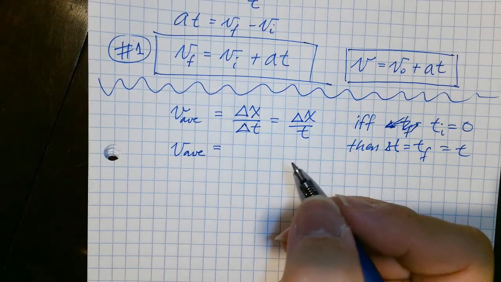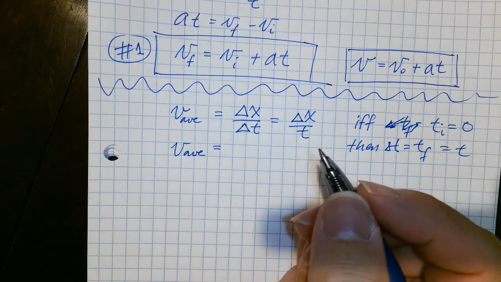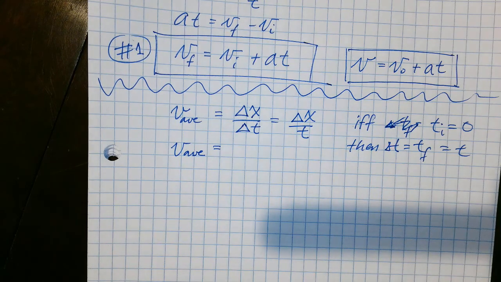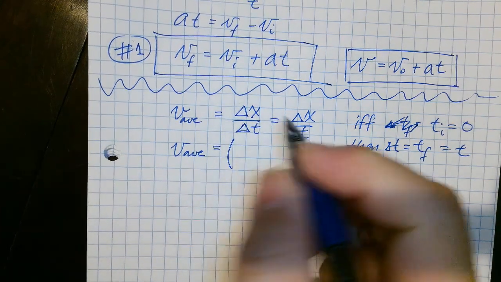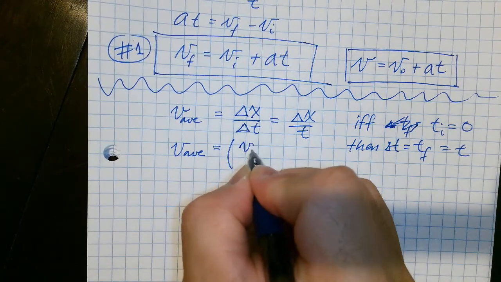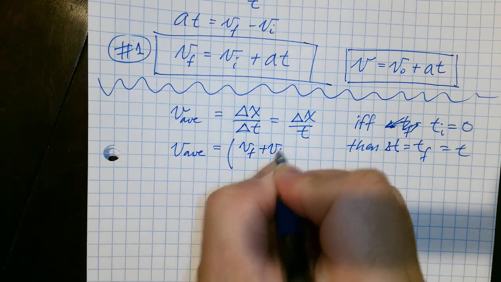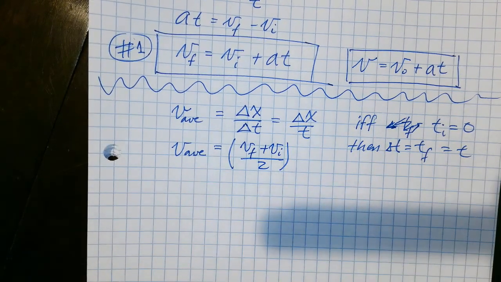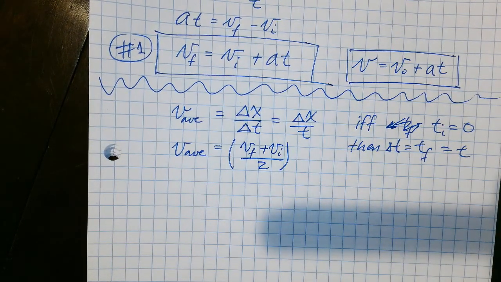How do you find the average of two test scores? Come on, how do you find... yeah, add the two test scores and divide by 2, right? So if I have two velocities, I add the two velocities and divide by 2 to get my average velocity as well.